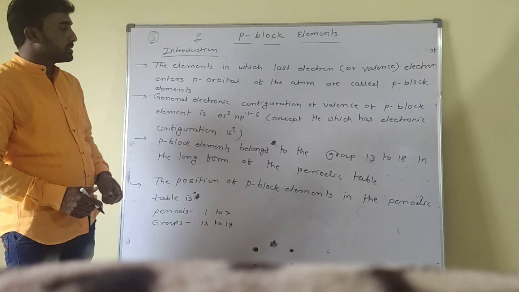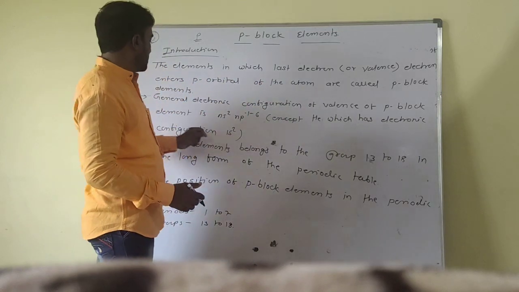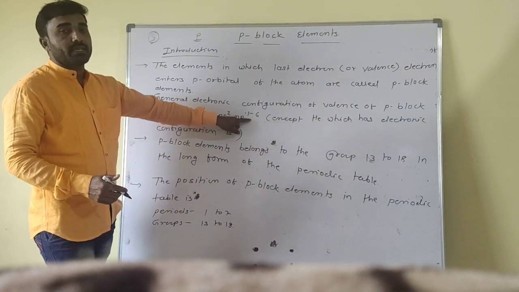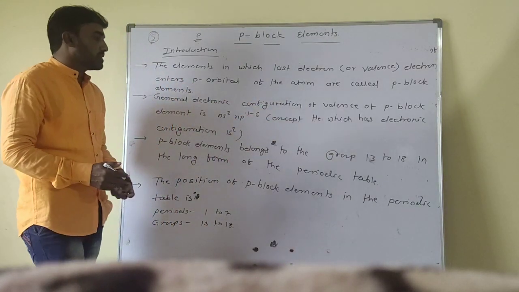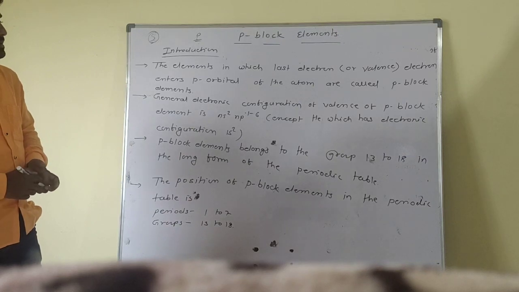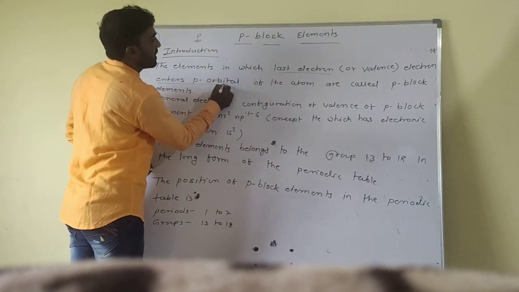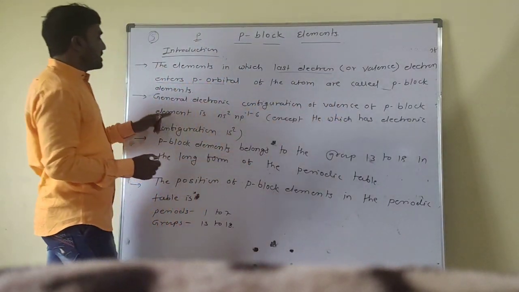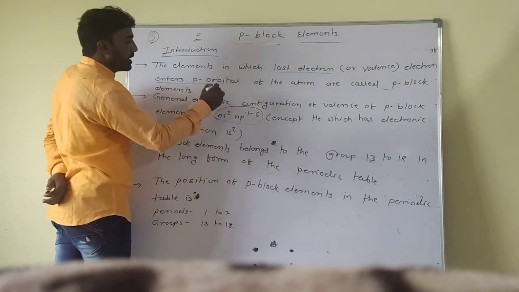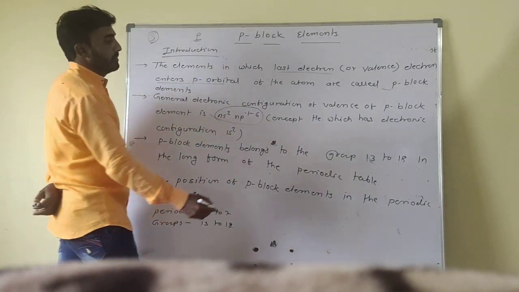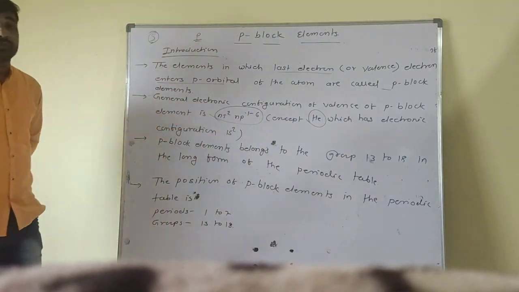The general electronic configuration of the valence shell of P block elements is ns2 np1-6, except helium, which has the electronic configuration 1s2. Helium has the stable noble gas electronic configuration, 1s2.